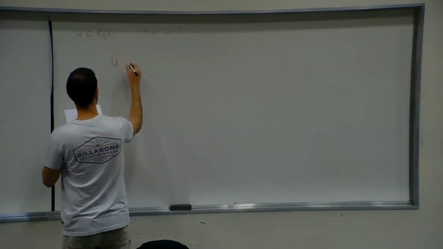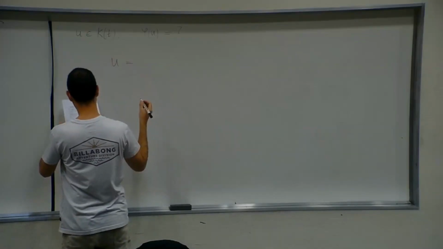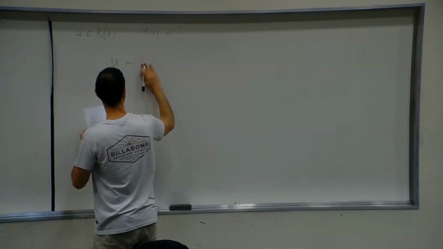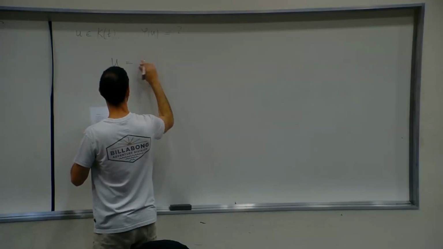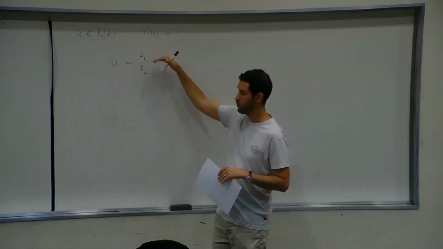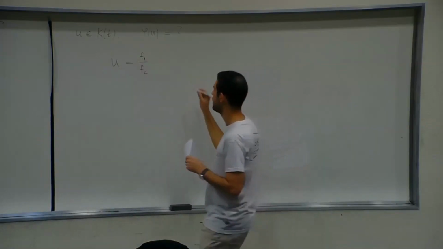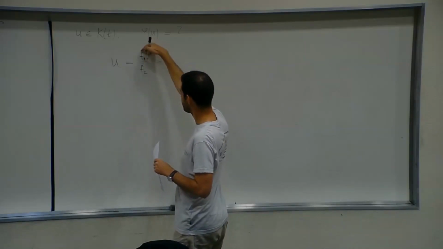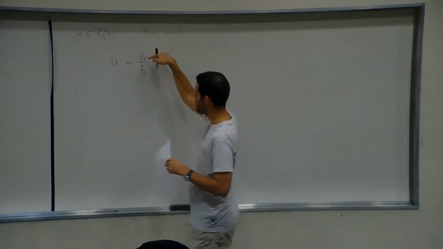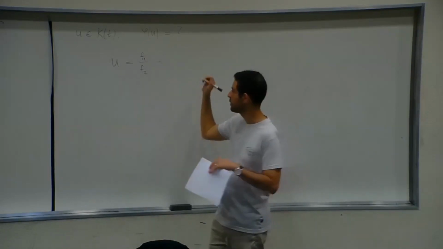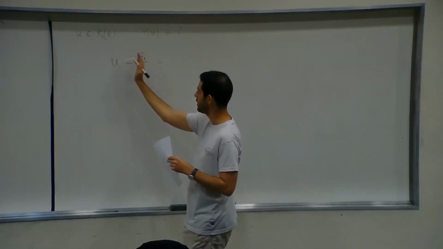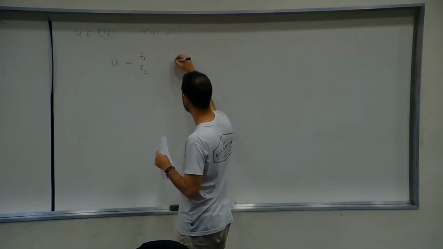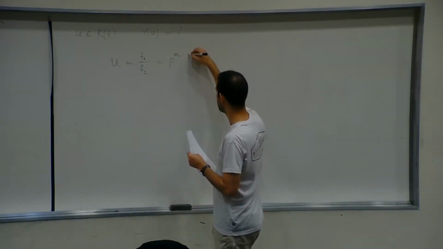So we can write u as a quotient f1 over f2, and decompose f1 and f2 into irreducible factors. So let's take all the powers of P out. So it's P to some power times f over g.